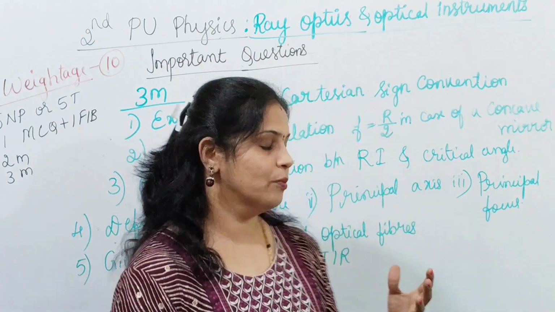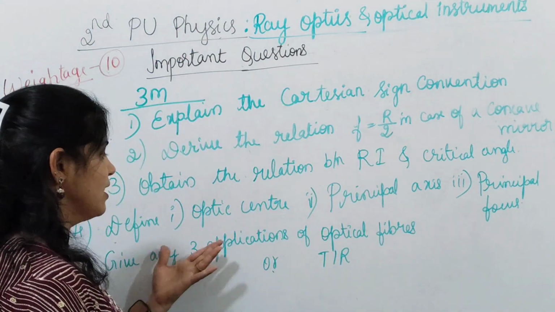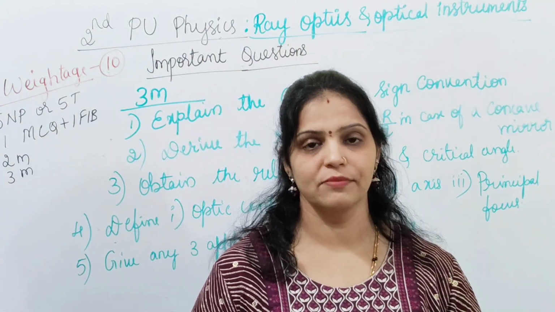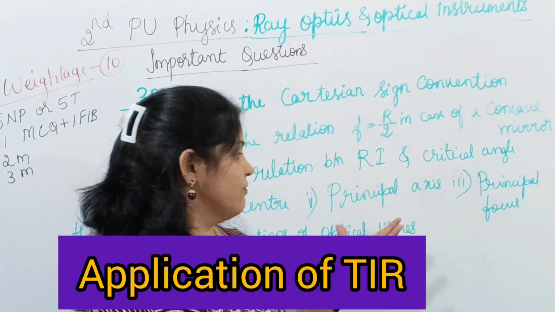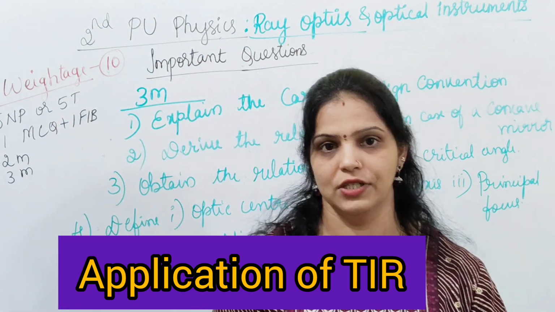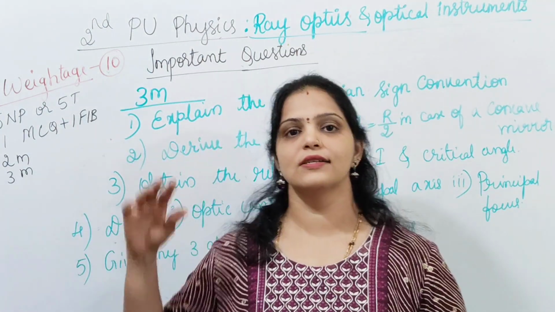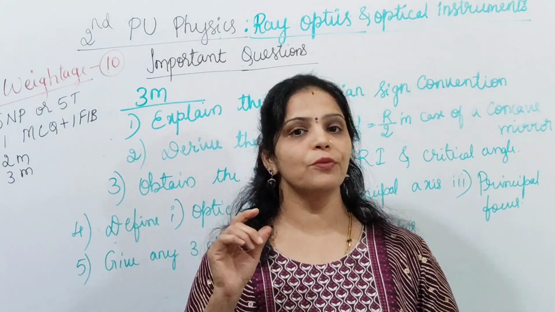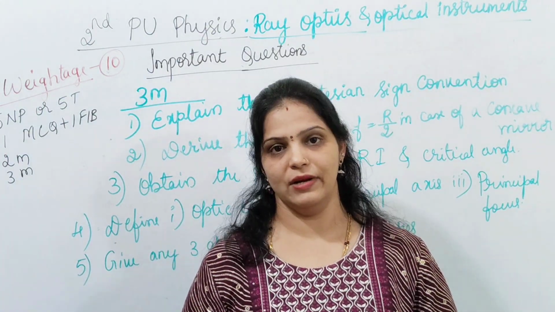And also you may expect a question like this, give any 3 applications of total internal reflection. Total reflecting prisms, mirage, optical fiber are examples of total internal reflection. So like this, please go through all these important questions. Along with that, some simple numerical questions will be asked for 3 marks.